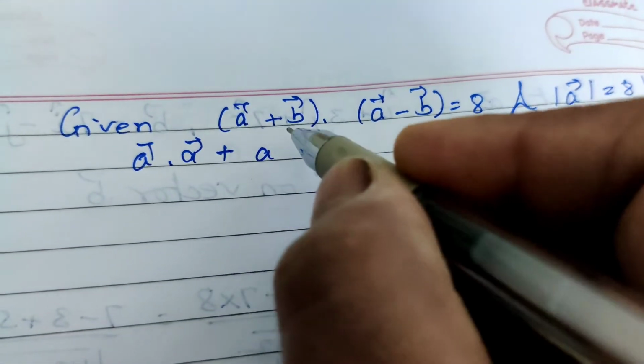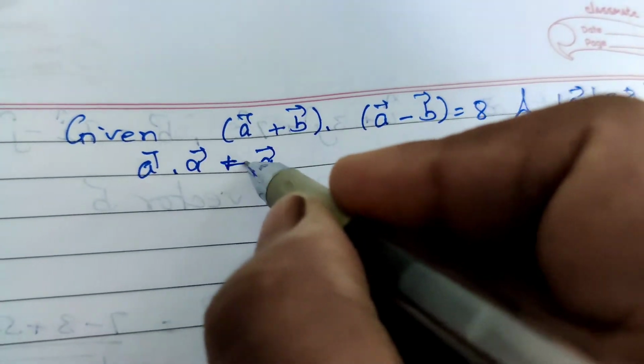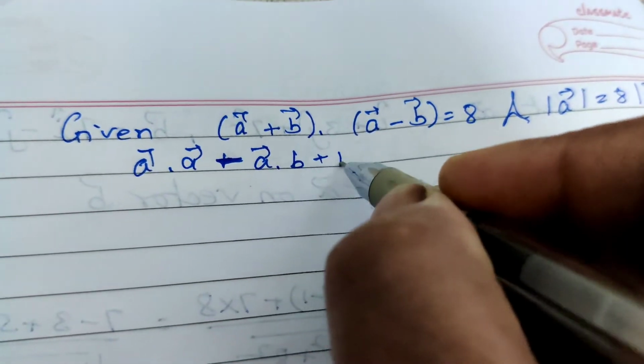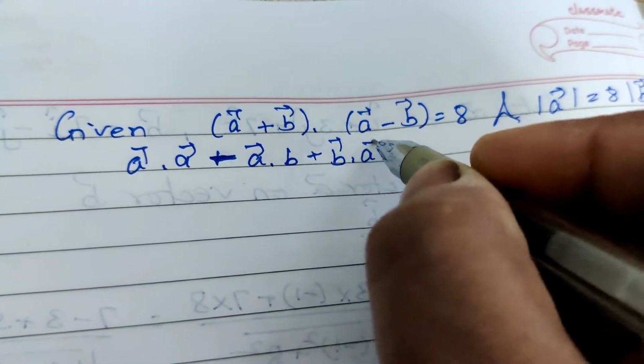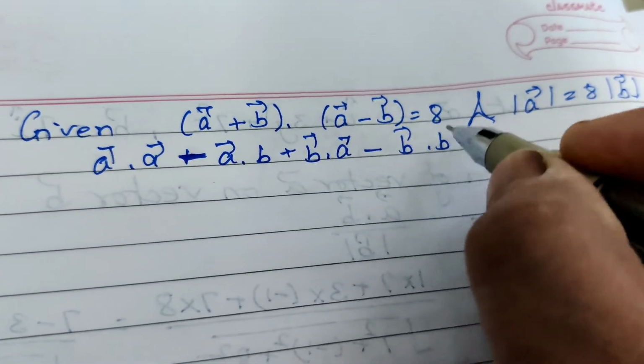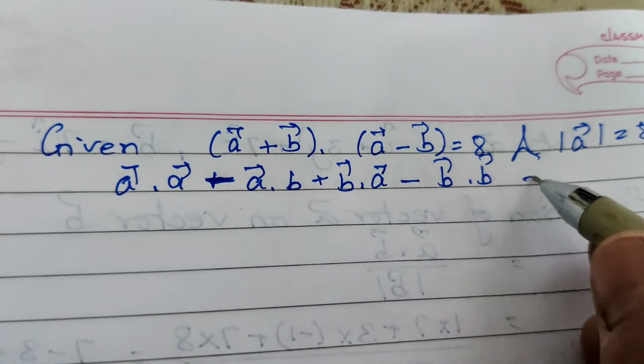A dot A plus A dot minus B, here is a minus B dot A, minus B dot B, equal to 8.